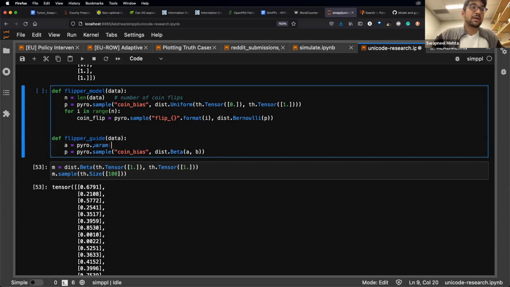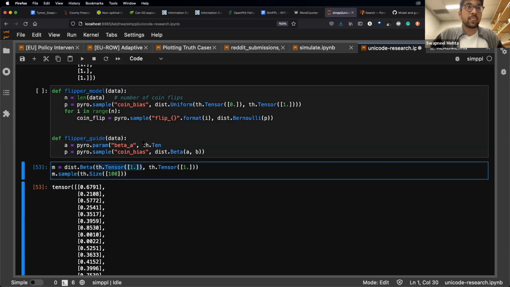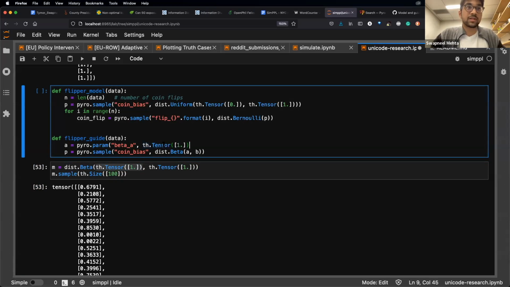So now we're not sampling A. We are just defining a starting point for A, beta A. We don't want to sample from, sorry, we want to set this value to torch.tensor.